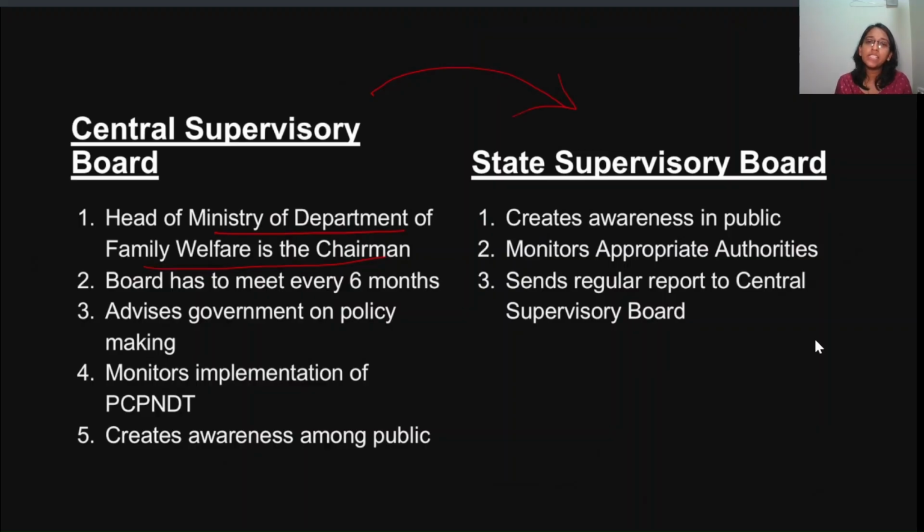It also creates awareness among the public. So every 6 months they meet, they make policies, they ask the states to make their own policies, they make sure they are followed, and they create awareness of PCPNDT among the public. Next, what is the function of the State Supervisory Board? Similarly, it creates awareness in the public, it monitors appropriate authorities, and also sends regular reports to the Central Supervisory Board.